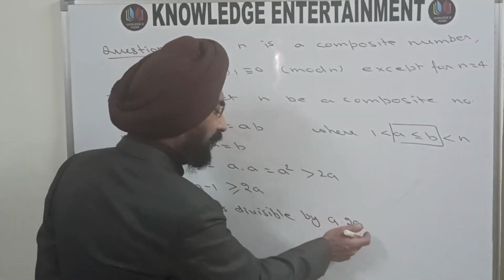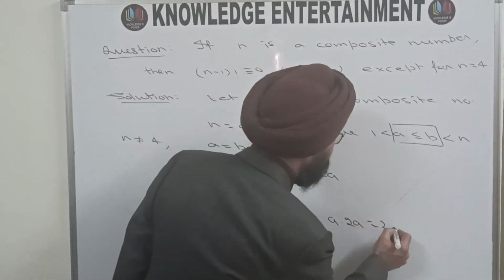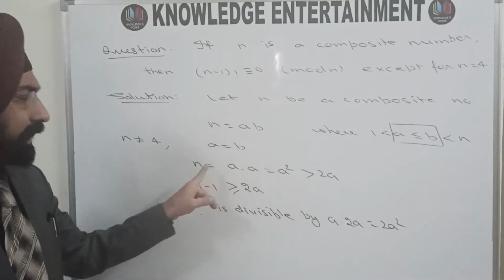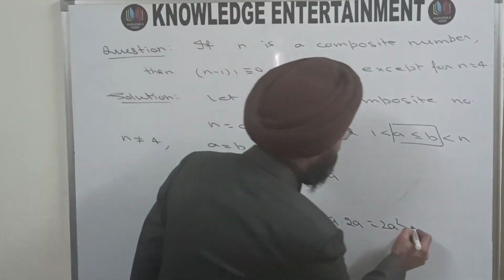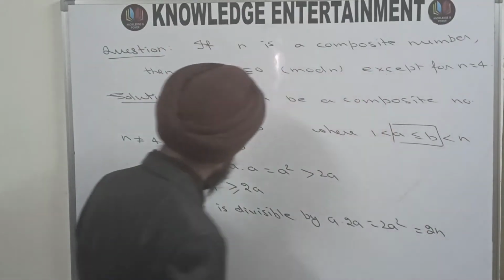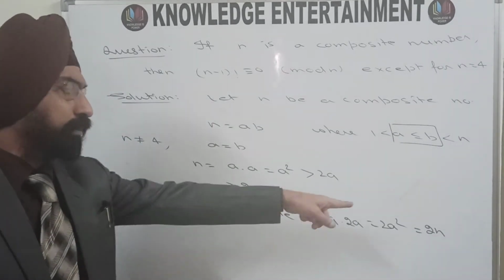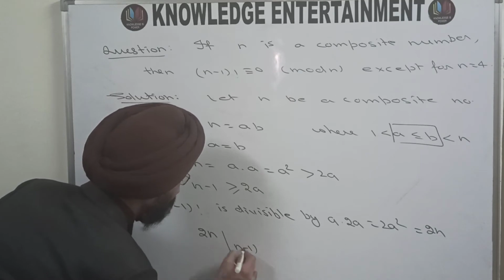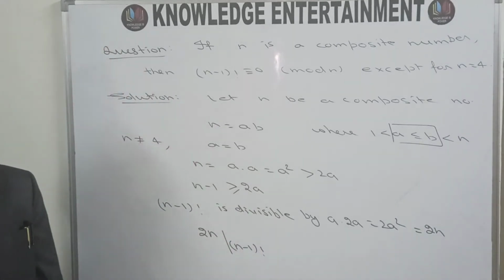So what is a into 2a? It is 2a square. And what is your a square? Your a square is n. So this is 2n, you can say now. So n minus 1 factorial is divisible by 2n. So that means 2n divides n minus 1 factorial.